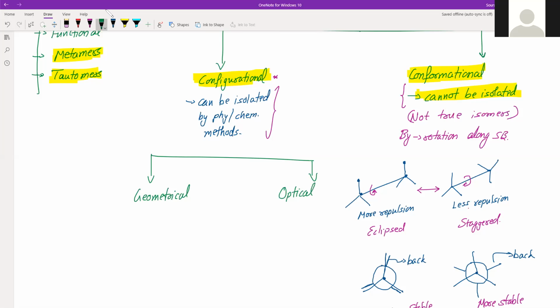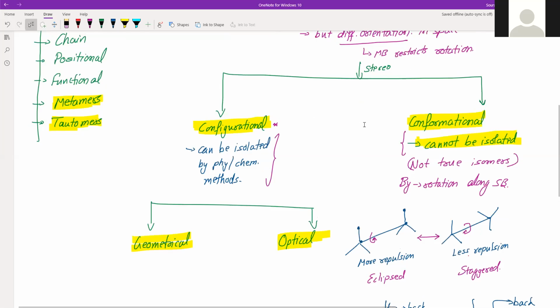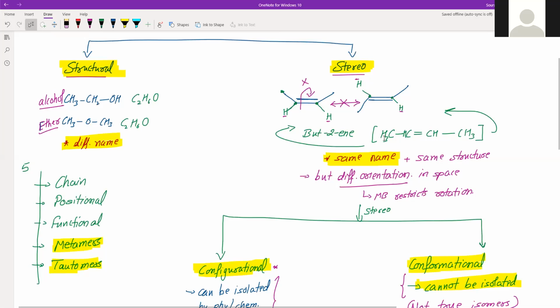Optical was the one which we were discussing in the last class. So these two different isomers are there, optical isomers and geometrical isomers. The one which we have seen above is actually an example of a geometrical isomer, right?